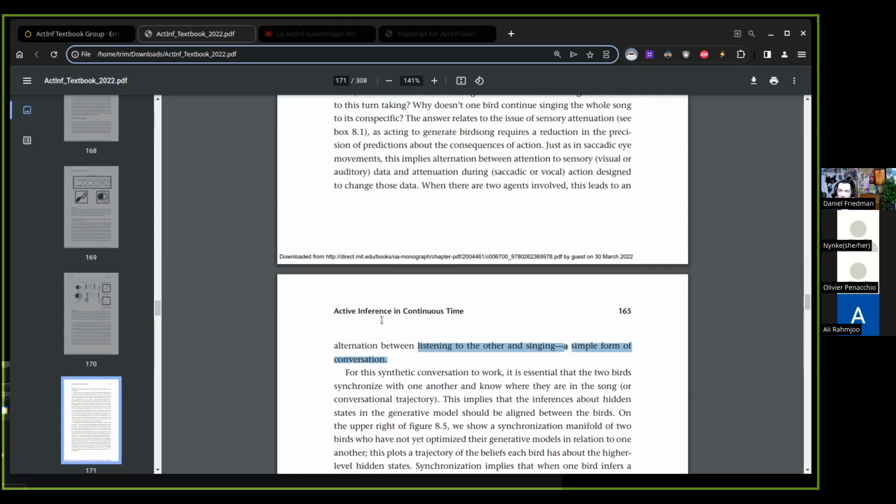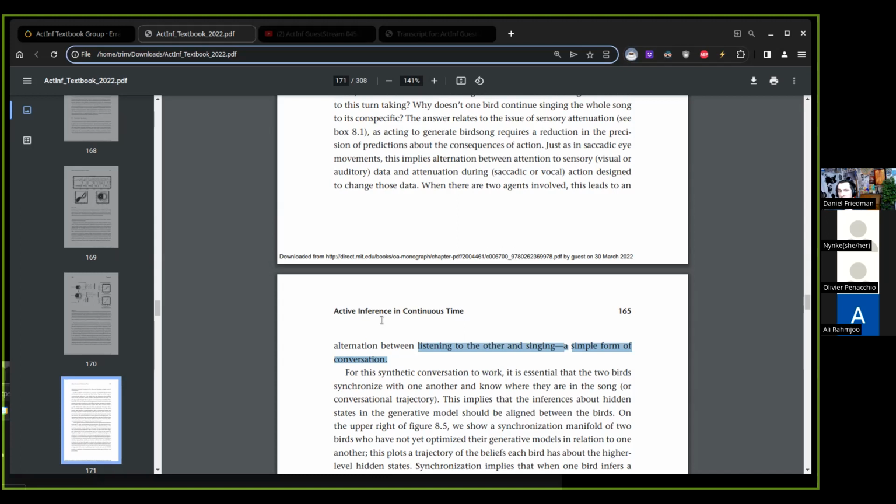Fulfilling my preferences through action is going to reduce my sensory attention to perception until eventually it's like, whoa, I'm not sure what's happening. I'm going to stop singing. And then in that silence, the other bird's going to go, oh, my preferences were being fulfilled by listening attentively. I'm not hearing it anymore.